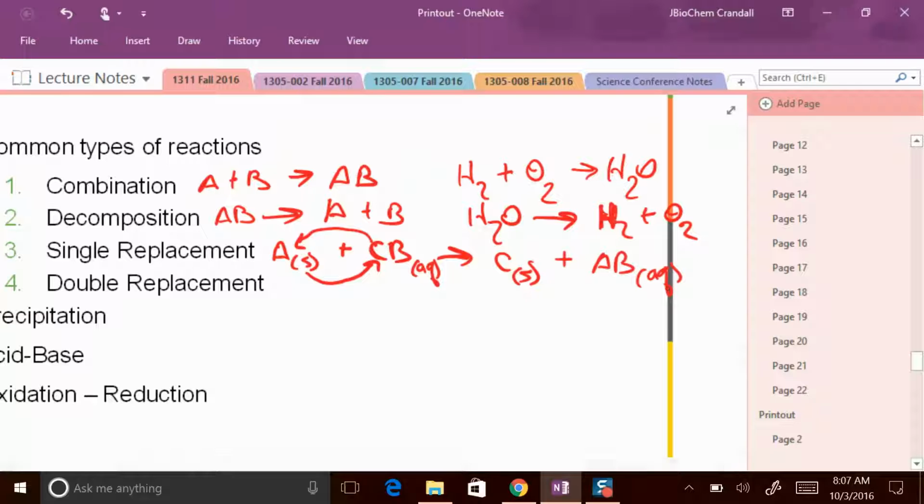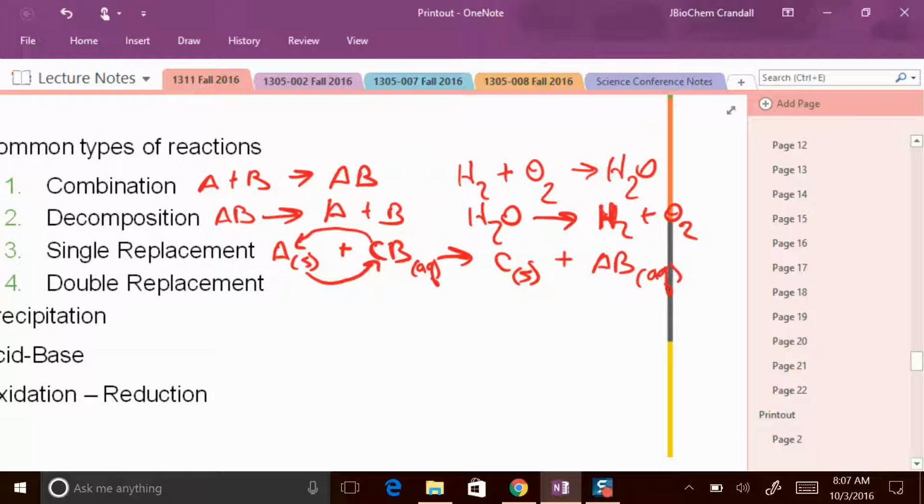It begins to lose. So let's say that A is, well, in this case, we're actually going to say it's copper. Okay? So it's copper, and it loses 2 electrons. Okay, let's say it loses to go from copper solid to copper 2 plus. Okay? So it loses those 2 electrons.